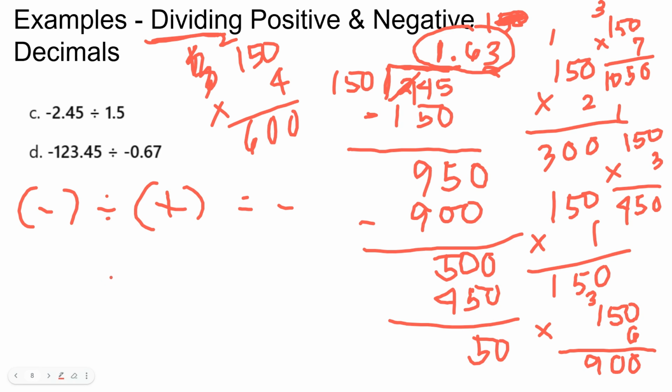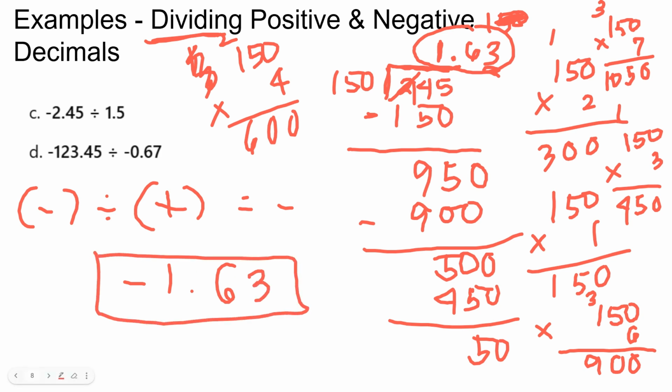So the answer will now be negative 1.63. That's the final answer. It's negative 1.63, because negative divided by positive is negative.